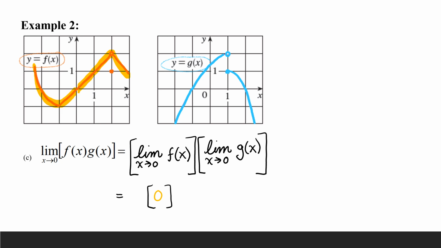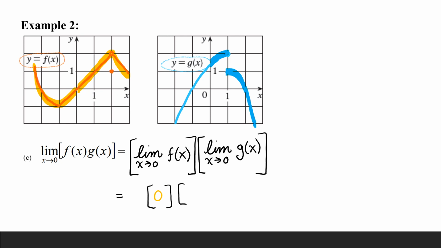And then we need to find the limit as x approaches 0 of g of x. So tracing from our right hand limit, it's about 1.3-ish.